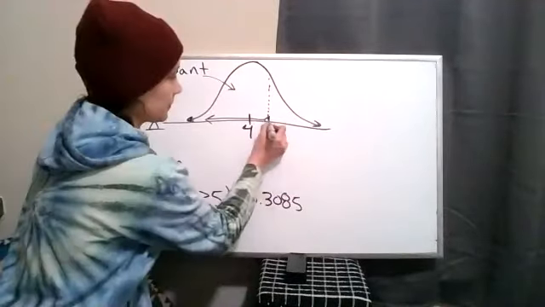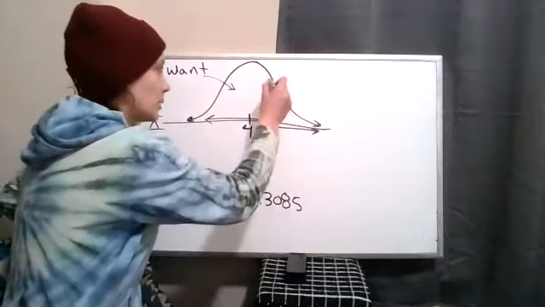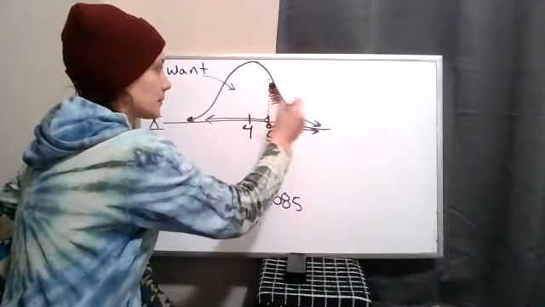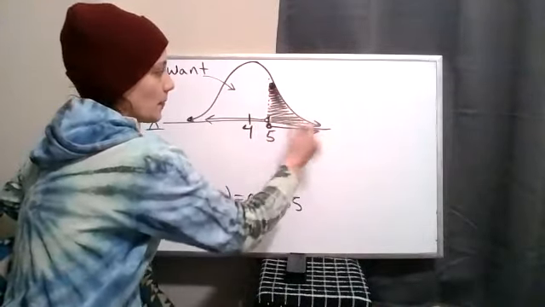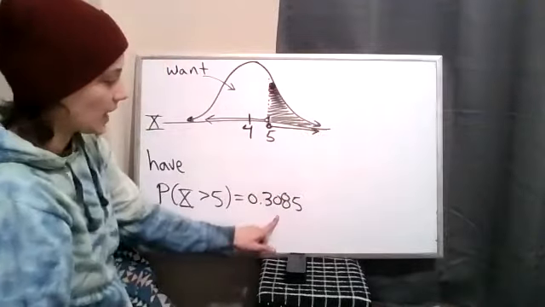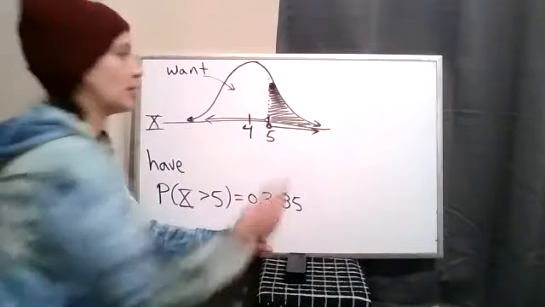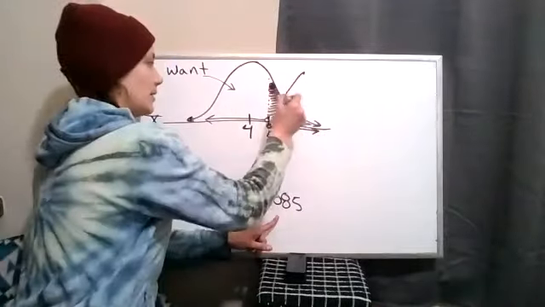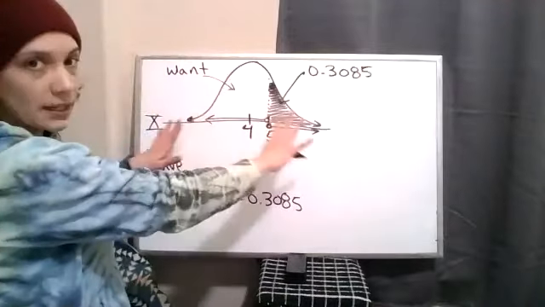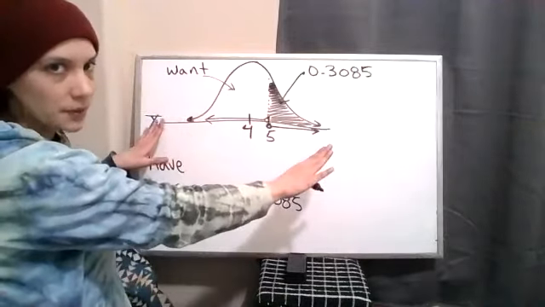And that's the interval. The probability is the area under the curve, this part. And you're told that that area is 0.3085. And the full area is 100% total.